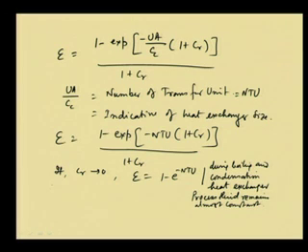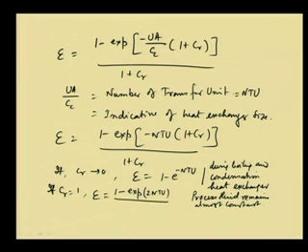And another case, if Cr equals 1, then what will happen? Then effectiveness can be written as 1 minus exponential 2 NTU by 2.